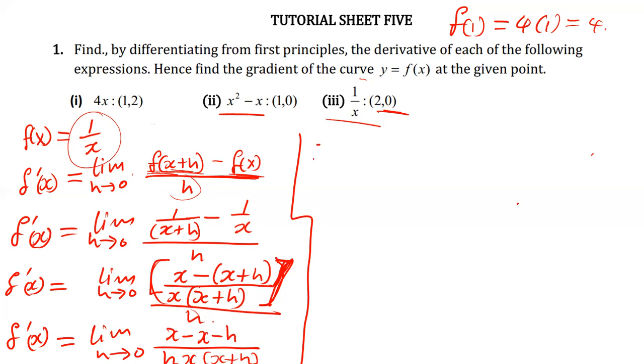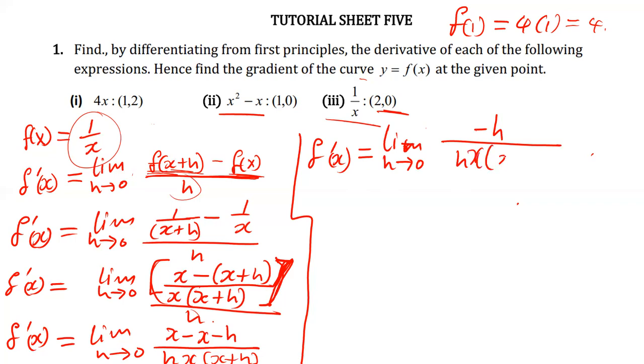So when you simplify this, we're going to have f prime of x is equal to negative the limit as h approaches 0 of negative h on top, then divided by, down here, h, x, open brackets, x plus h. So this h and that h will cancel. Then we're just going to remain with x, open brackets, x plus h.